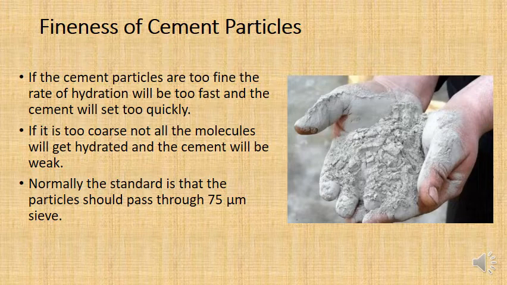Now, you need to make sure that it's fine enough that it will have a good surface area so that it will react with the water at a good speed.